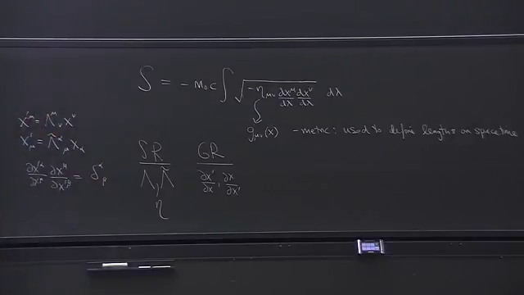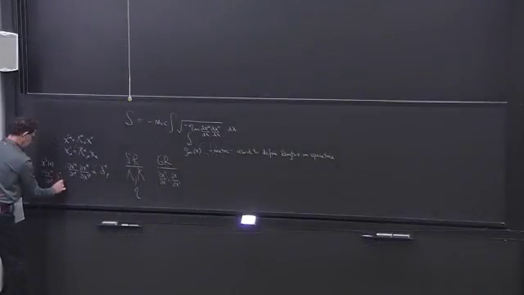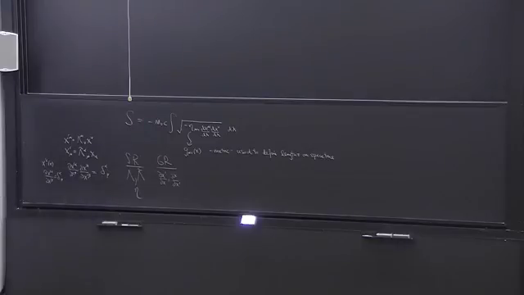Just by using the chain rule, if x prime is any function of x, then if I differentiate dx prime alpha with dx prime beta, obviously this is delta alpha beta because dt dx is 0 for partial derivatives, dt dt is 1.